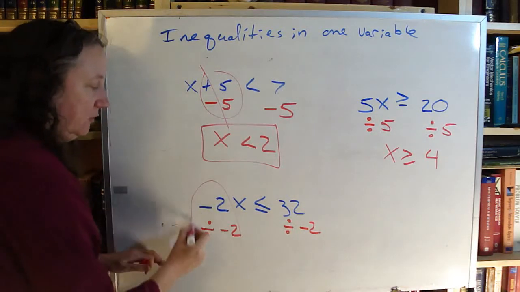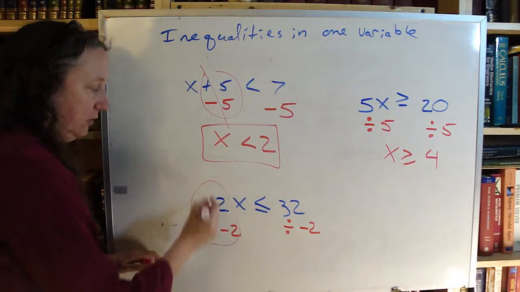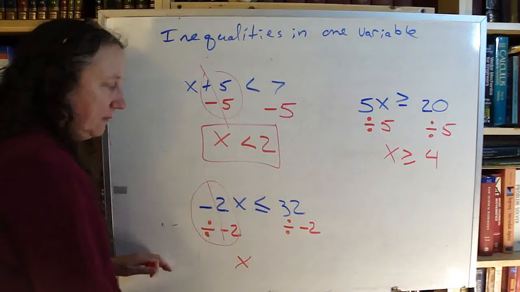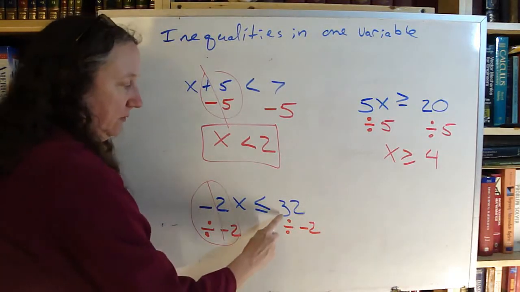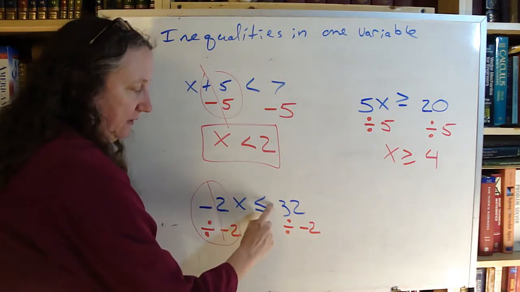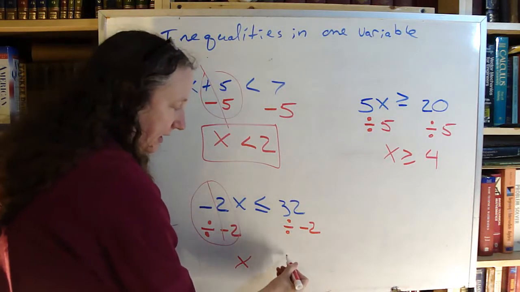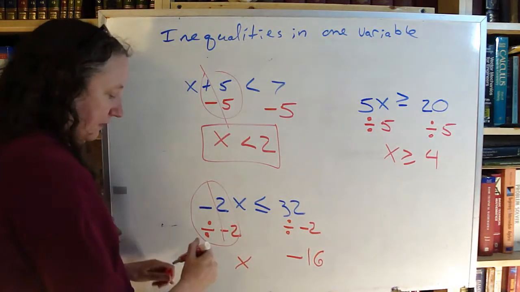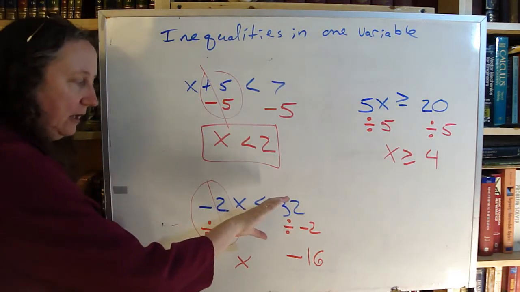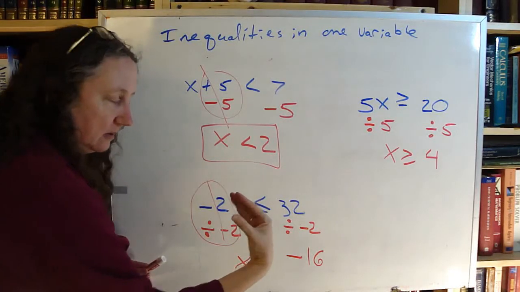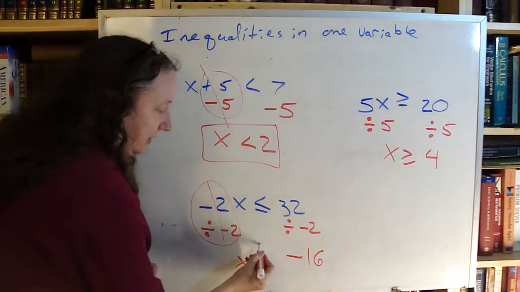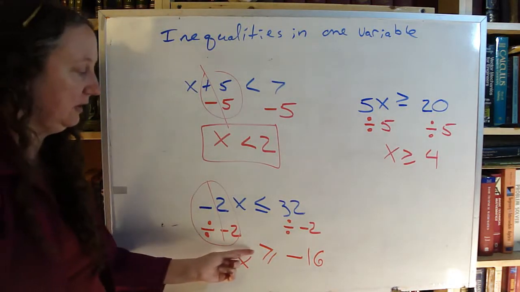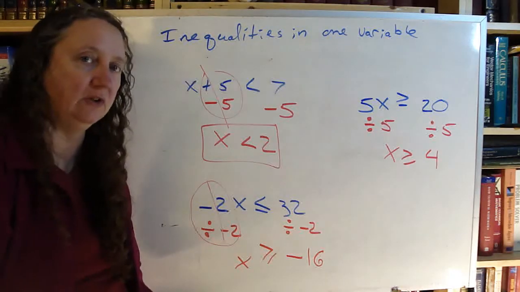So my negative 2 times x divided by negative 2 makes the negative 2's cancel out. I have x alone on this side. 32 divided by negative 2. So positive divided by negative gives me a negative. 32 divided by 2, 16. Now I have to take my sign and I have to flip it. So my sign gets turned around. x is greater than or equal to negative 16.